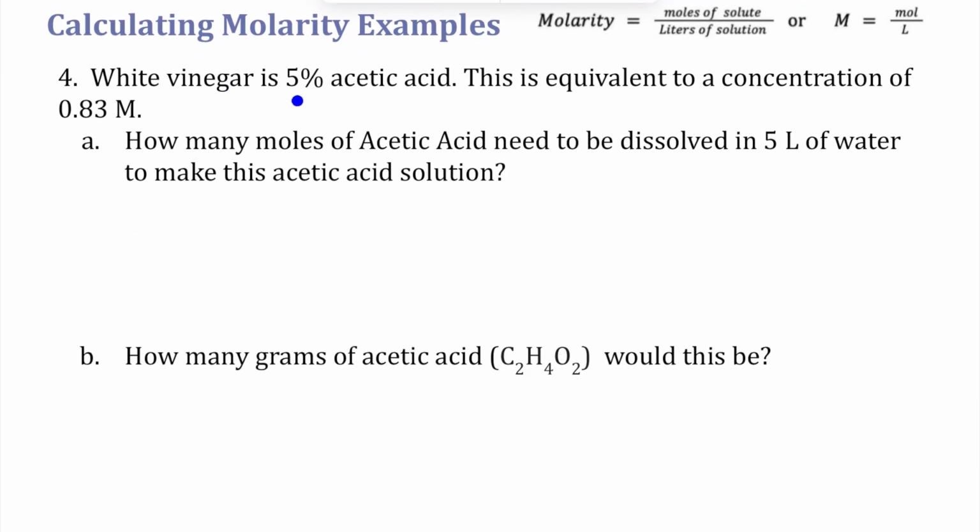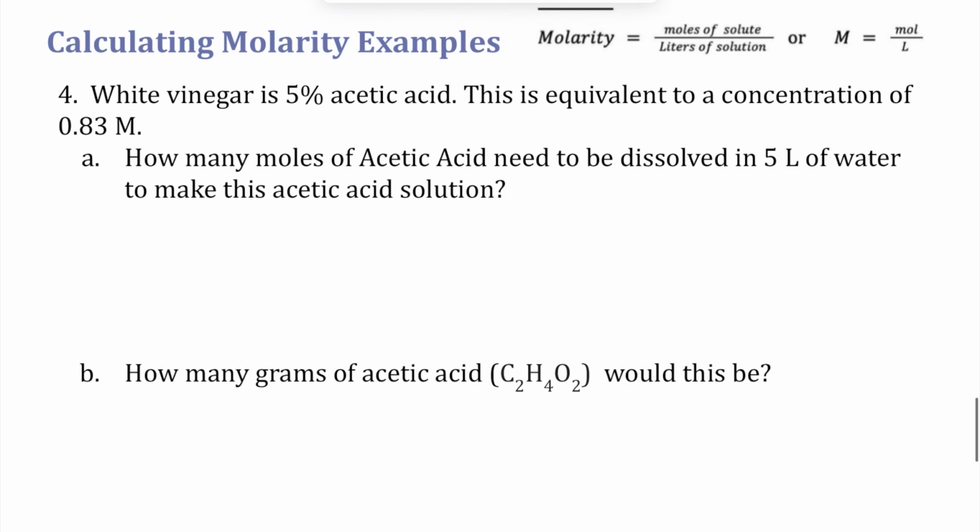So white vinegar is 5% acetic acid. This is equivalent to a concentration of 0.83 molar. How many moles of acetic acid need to be dissolved in 5 liters of water to make this acetic acid solution? I like to go through and write out what my givens are, or even just what all of my variables are.